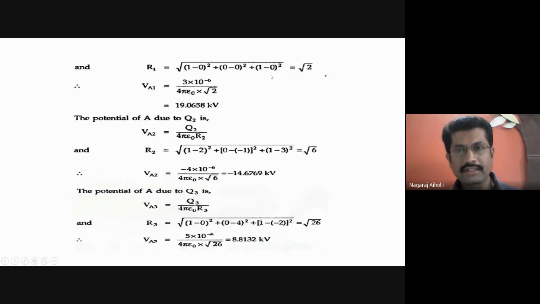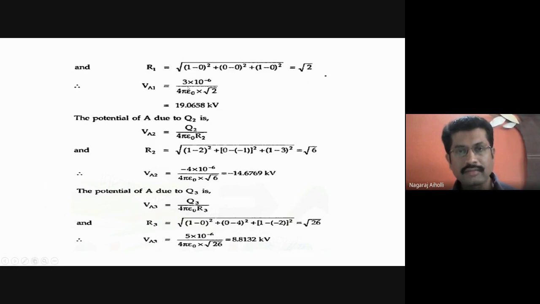If we simplify this, we get square root of 2. Then substitute in the above formula. VA1 is equal to Q1 by 4 pi epsilon naught R1, where Q1 is 3 into 10 raised to minus 6, and R1 is root 2.